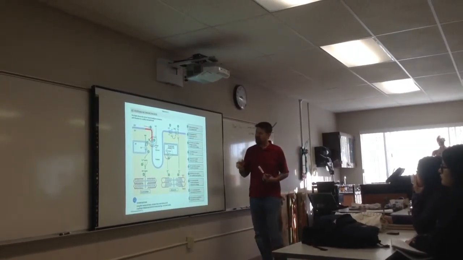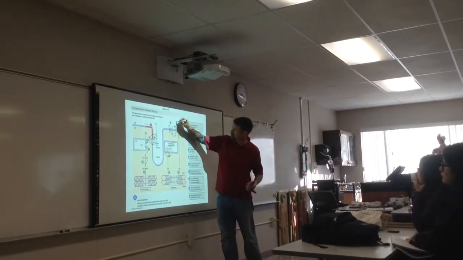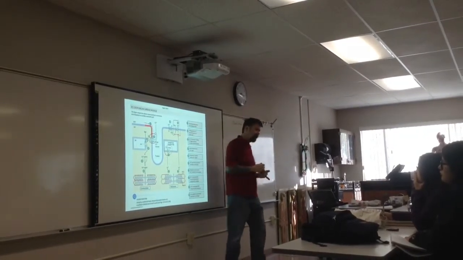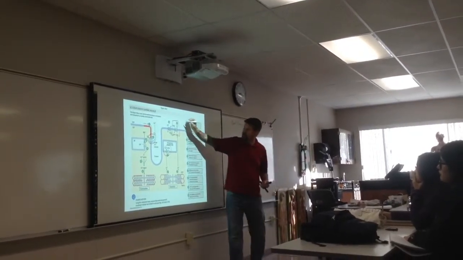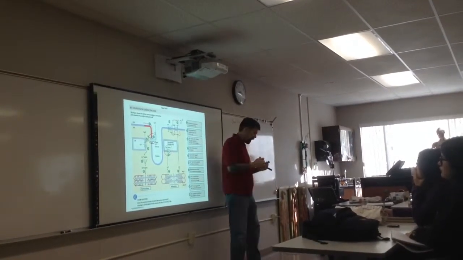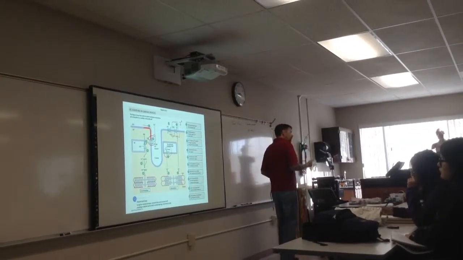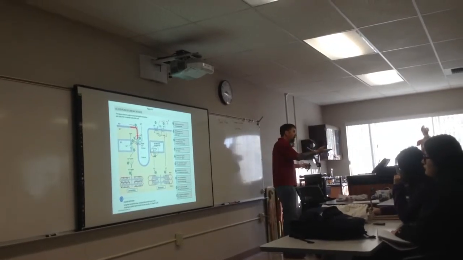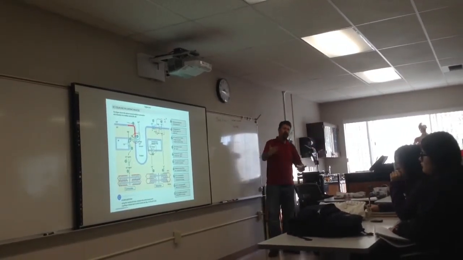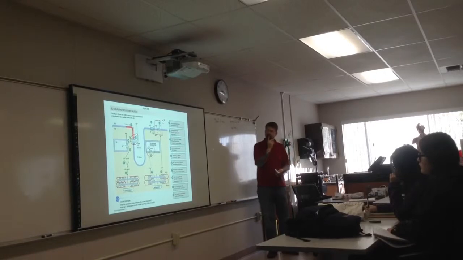Now here, it is not an ATPase pump that does it, but it's secondary active transport. So remember, secondary active transport, we use the energy from diffusion of one ion to drive the active transport of another one. So look what happens here.